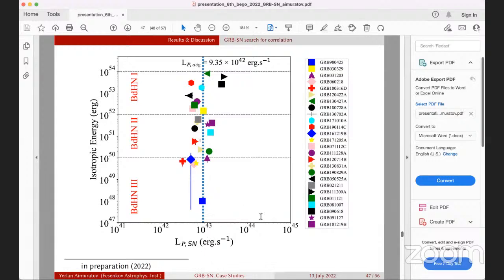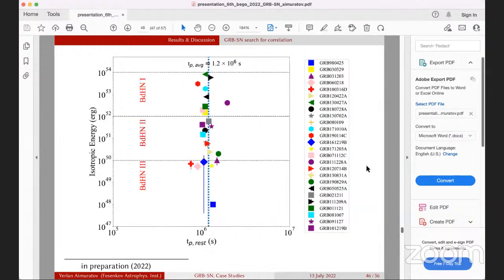Therefore, the big issue is: show the luminosity, the time, the outer slides. Here is the peak time.